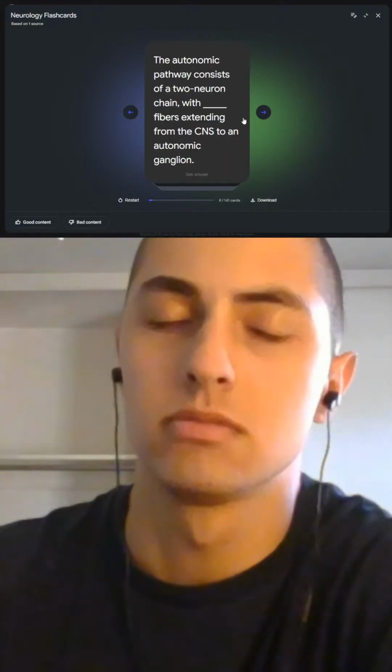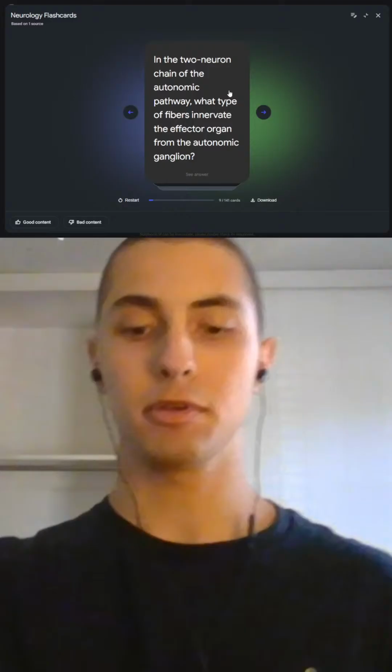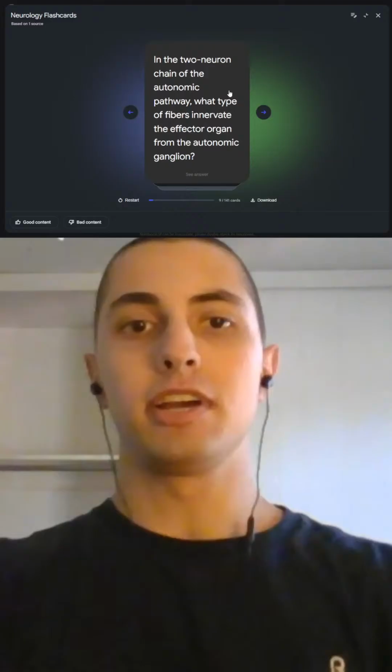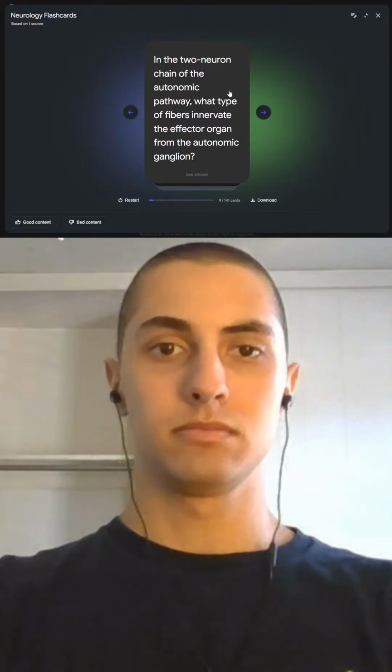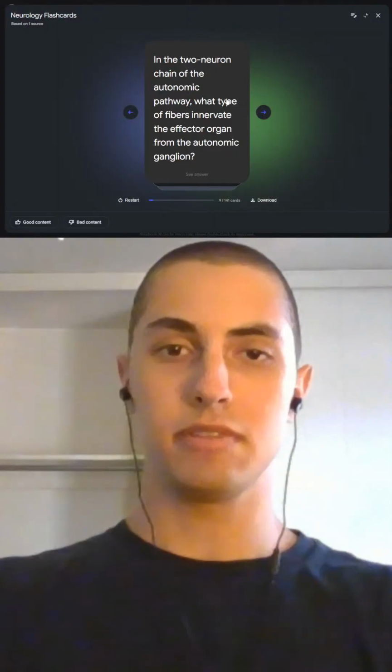Preganglionic fibers. Okay. In the 2-neuron chain of the autonomic pathway, what type of fibers innervate the effector organ from the autonomic ganglion? Postganglionic, because they have to be after the ganglion.